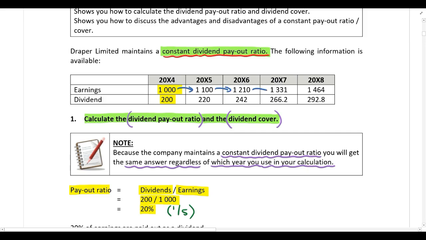Earnings are growing by 10% per annum, and because the company is constantly paying out 20% of their earnings as a dividend, the dividend is also growing by 10% per annum. So where the company has a constant dividend payout ratio or a constant dividend cover, the growth in earnings and the growth in dividends will be exactly the same.